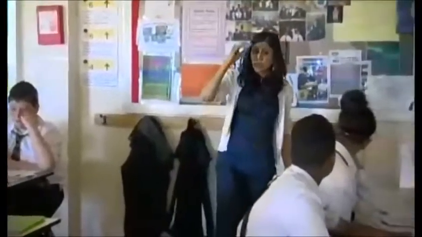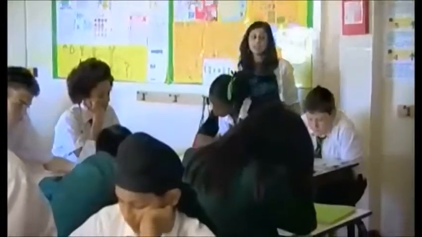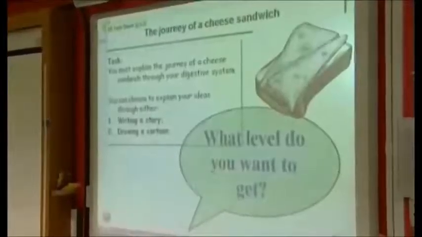What level would you like to get at the end of this presentation work? Remember, we're going to be given about 4 lessons to complete this. So I want you to spend about 1 minute. Can you read through each section, each level, and you're going to choose which level would you like to get at the end of this. So, answer the question on the board, what level do you want to get?